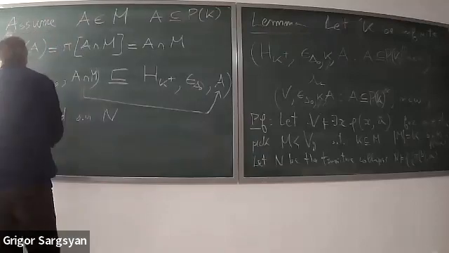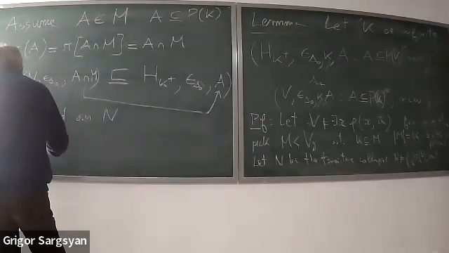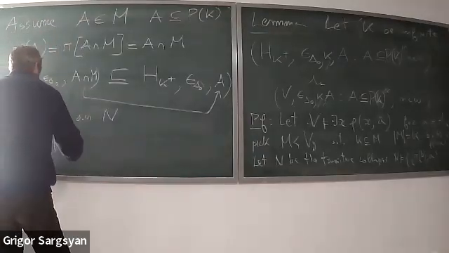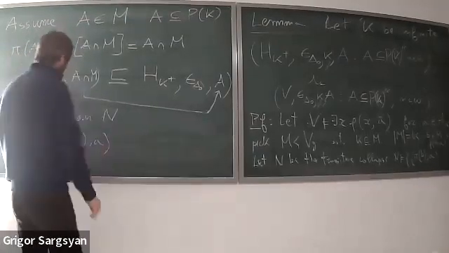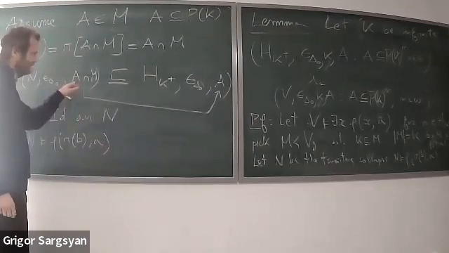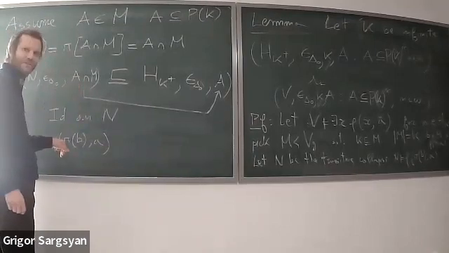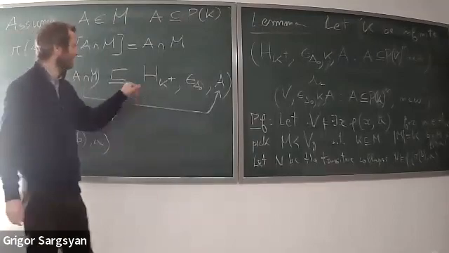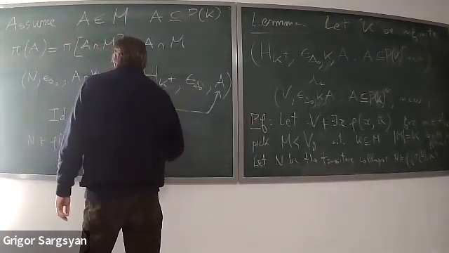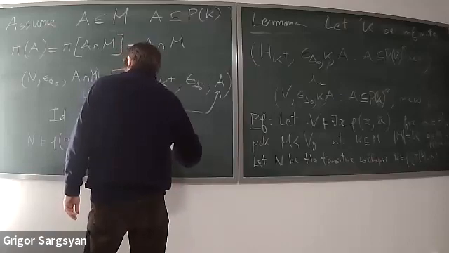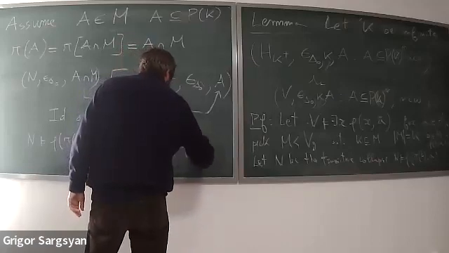Then here I have that N models P of phi B A, where this was the predicate, subset of the power set of kappa, that appeared here. I moved using this substructure relation, and I get that H kappa plus models phi B.